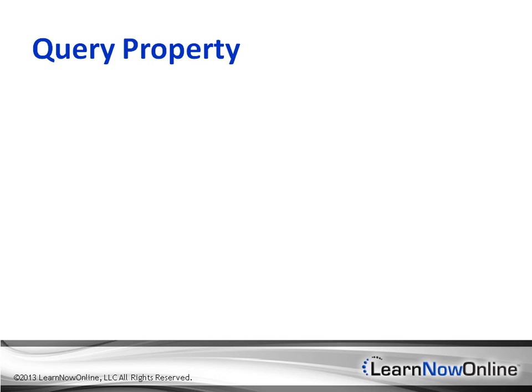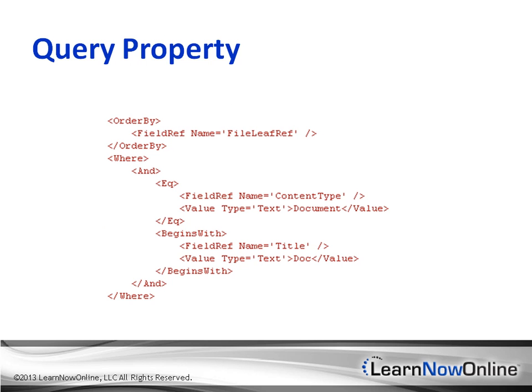This is a typical Query property where we're going to sort by the FileLeafRef field, which is basically, in a document library, the file name.